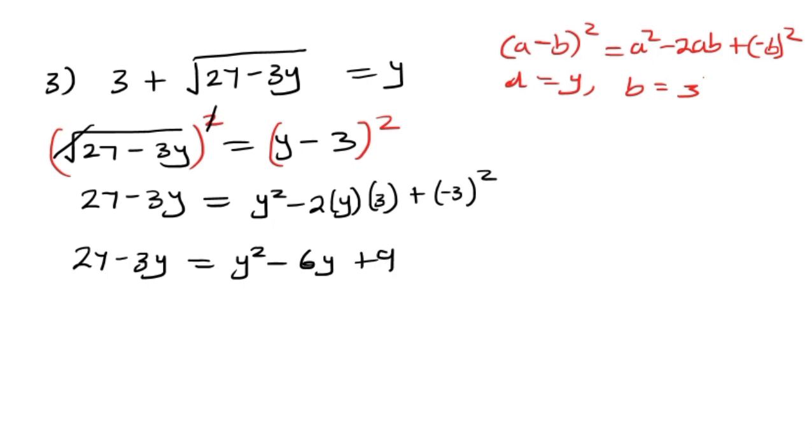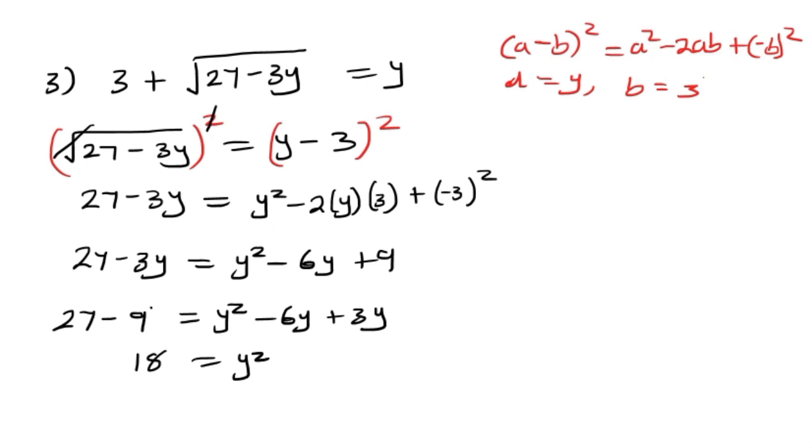Looking at this expression, we can group like terms. Grouping like terms, we are going to have 27 minus 9 equals y squared minus 6y plus 3y. We know that 27 minus 9 gives us 18, and minus 6y plus 3y gives us minus 3y.